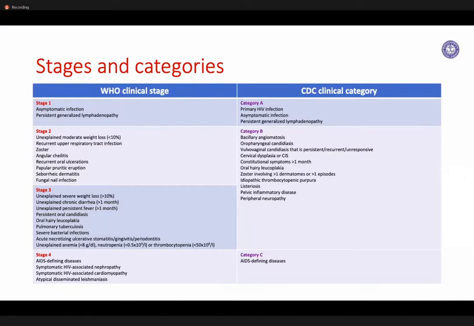So if I go to the WHO clinical staging, stage 1 is asymptomatic infection and persistent generalized lymphadenopathy. In the CDC classification, it also includes primary HIV infection, that green column which I showed you earlier.